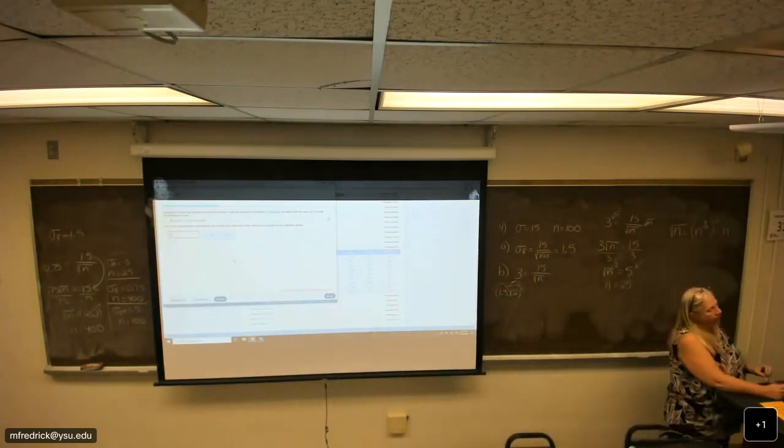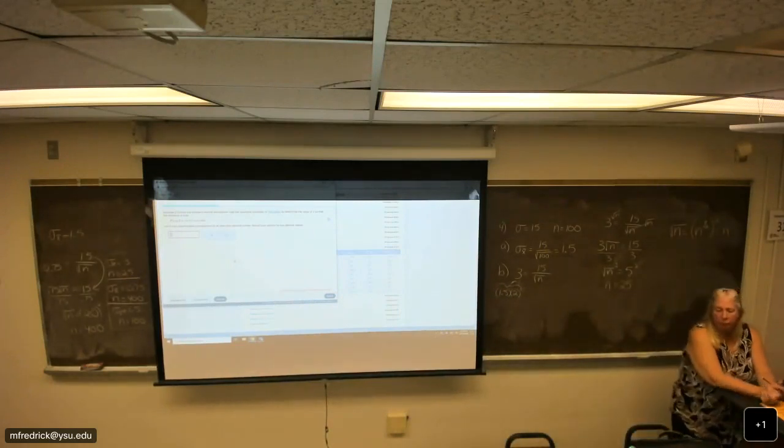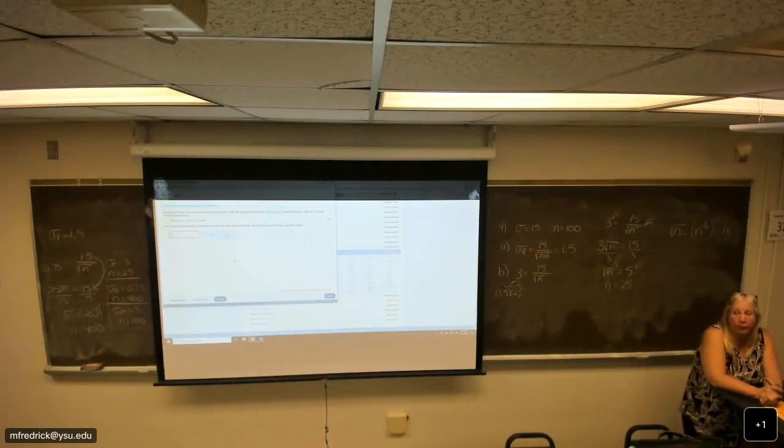Using the calculator or the table, I would use the table or use both and check your answers, because you're going to have the table for the in-class part of the test.